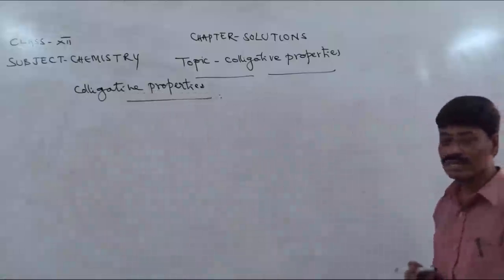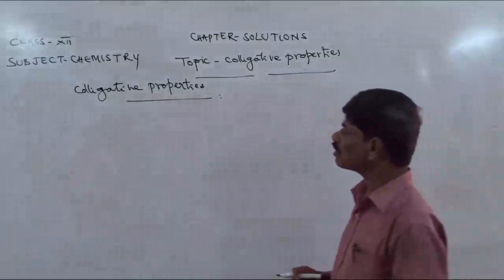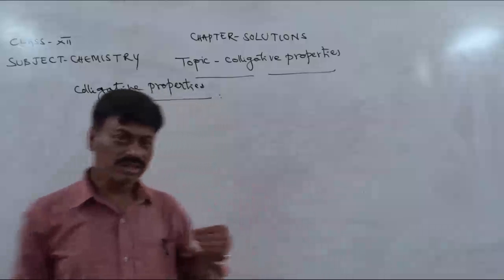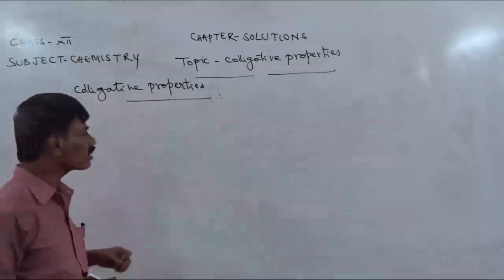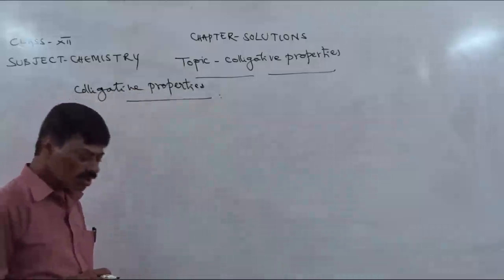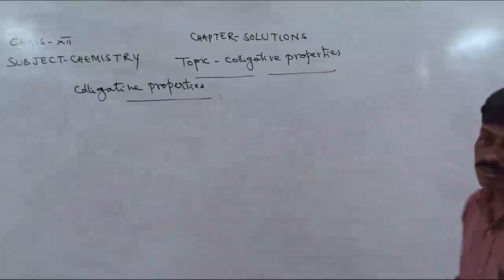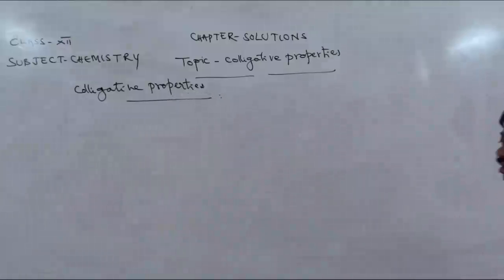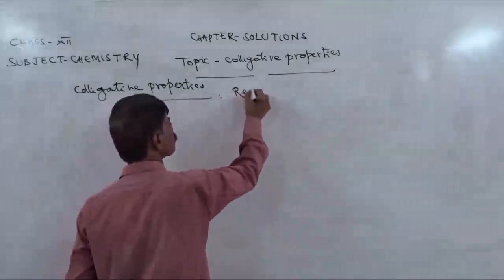Colligative properties depends on or refers to the number of particles present in a binary solution, and these particles are present in the solute. So more the number of particles, more will be the quantity of the solute and more will be the concentration of the solution.